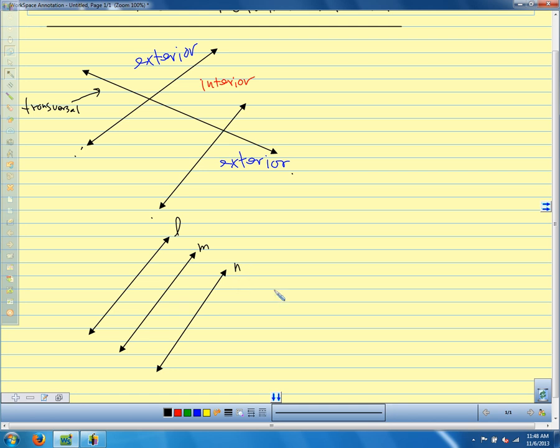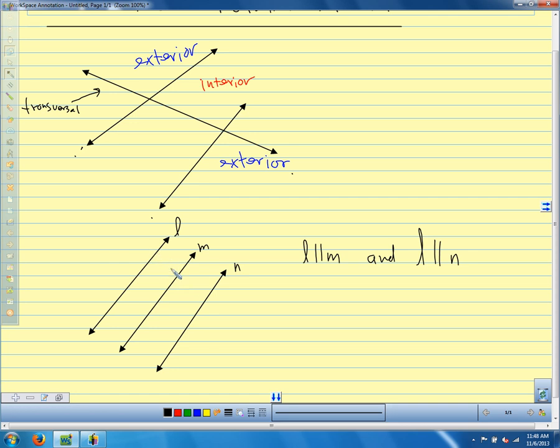And in your graphic organizer there's a misprint. It should say L is parallel to M and L is parallel to N. So these two lines are parallel.